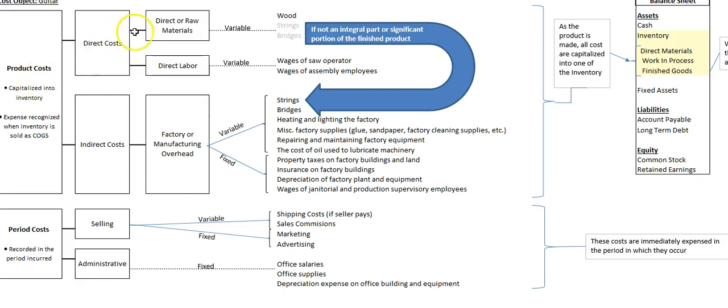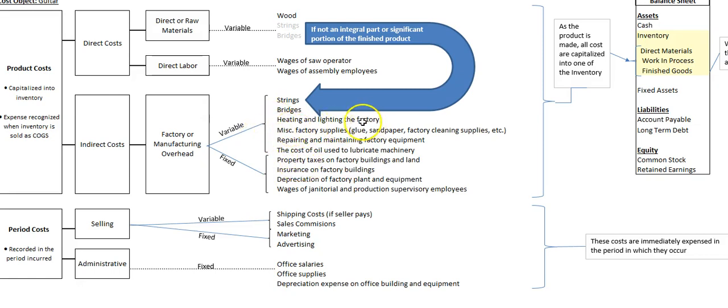So among those costs, we have direct materials, right? That's a variable one. Direct labor, as I said, those are the people that cut and assemble the guitars. That's variable. Within the factory, we have various variable expenses. Things like miscellaneous materials like glue. We have oil used.